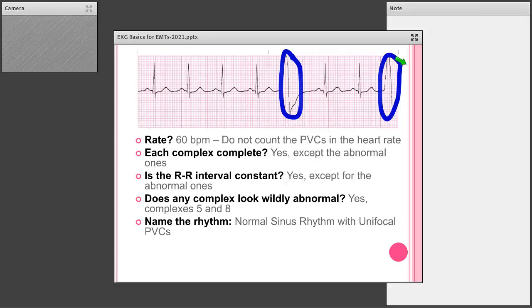We're just going to count 1, 2, 3, 4, 5, 6. We've got a P wave for each QRS complex on the normal complexes. It's a regular rhythm, again, except for those PVCs. So we can name it normal sinus rhythm with unifocal PVCs.